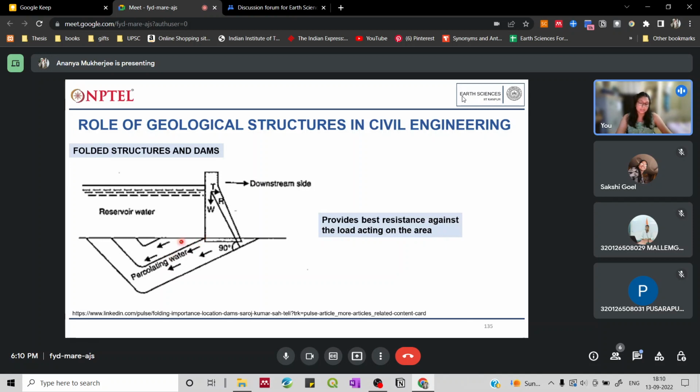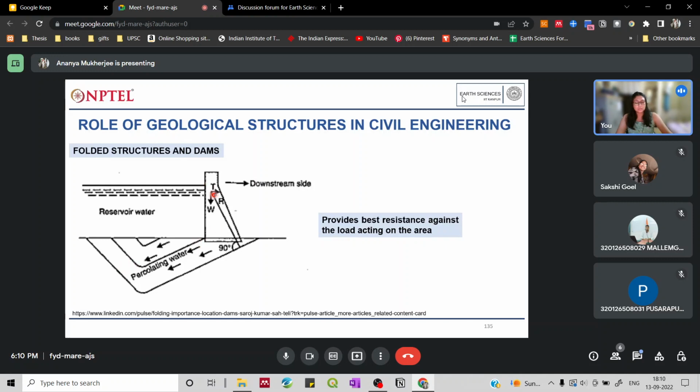Because there is a plane of heterogeneity between these two beds, these planes usually are planes of weakness. So if water starts percolating along these planes, then the dam structure is not affected, because the direction of the percolation of water is going away from the dam structure, okay.